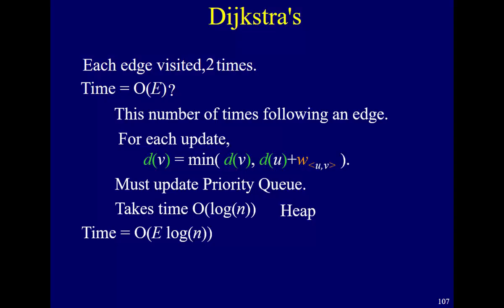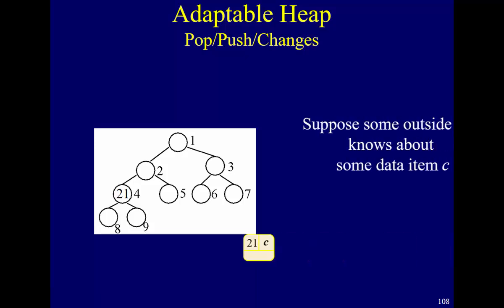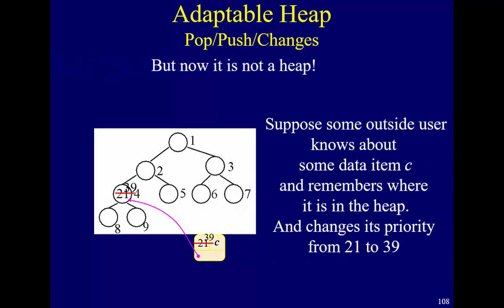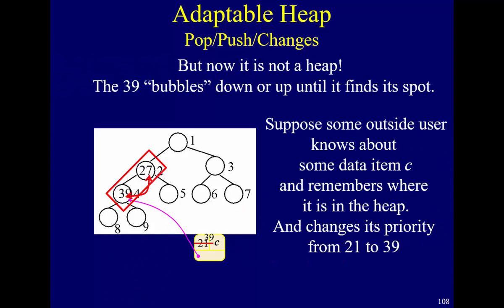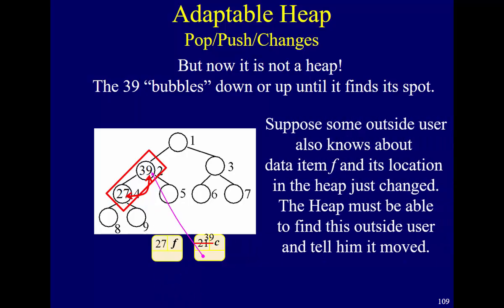N is the number of nodes because the heap has a d-value for every node. But of course, log n and log e would be the same, so it doesn't really matter. And we're doing this heap stuff, right? We did this already. You've seen these slides already. We're changing the d-value.